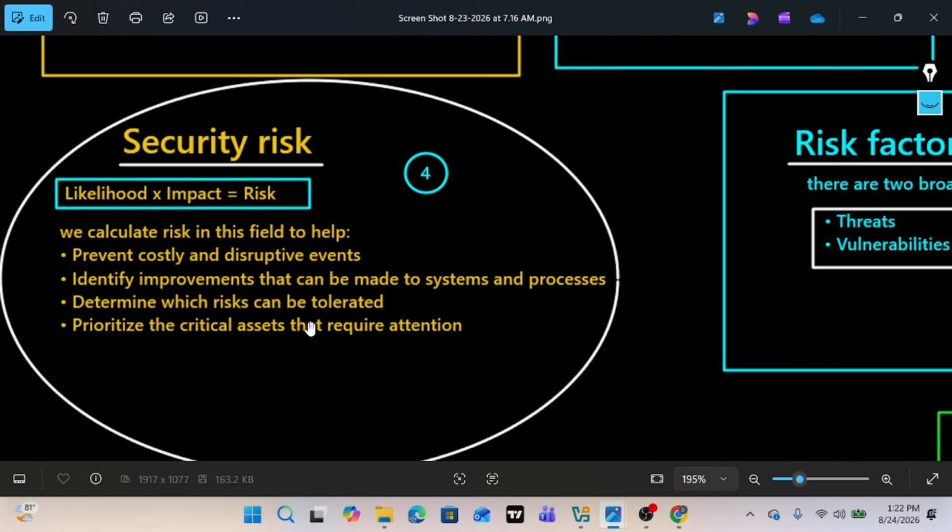Now, why this is very important is because we are going to look at asset classification and asset management. Now, all assets are not the same. Right? We need to prioritize the critical assets that require more attention. Some assets need more attention than the others.